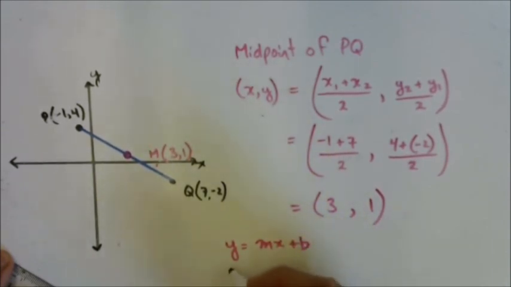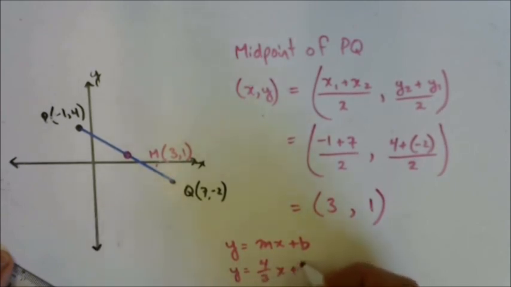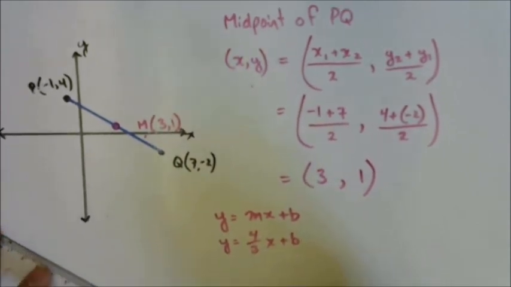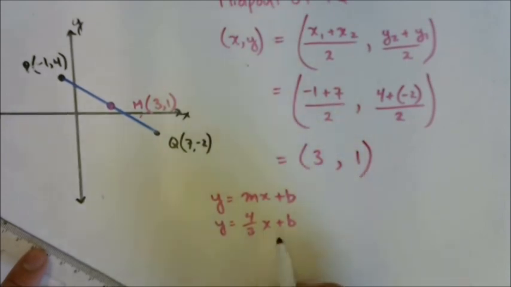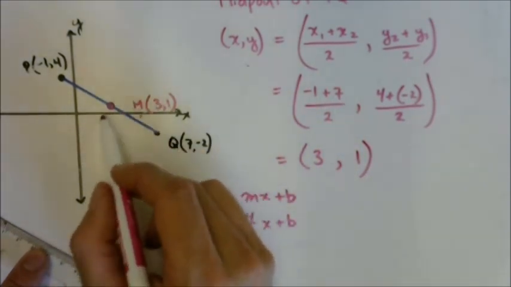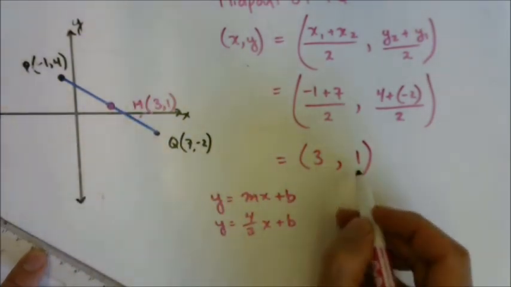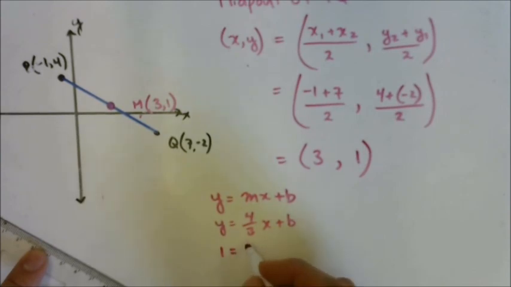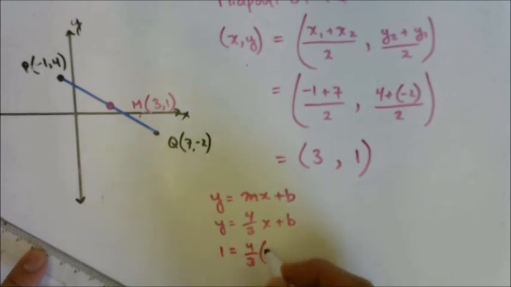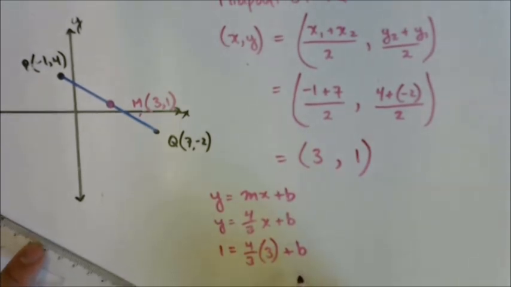We know that m is 4 over 3. And we know that the point 3, 1 satisfies this equation because we know that 3, 1 is on the right bisector. So we can sub in 1 for y and 3 for x. And that will allow us to solve for b, which is going to be our y-intercept.